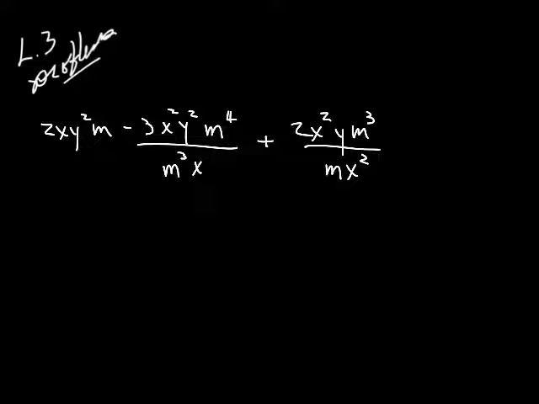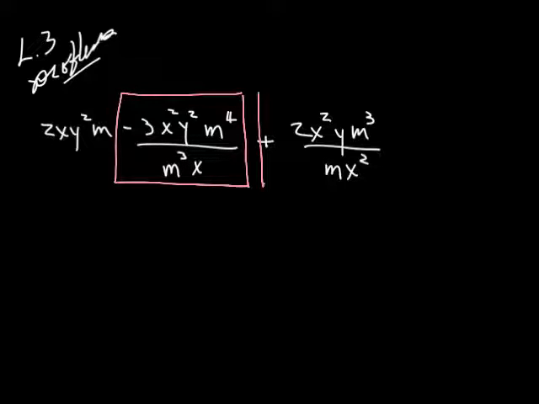Alright, notice these are not like terms, because this has an mx and this does, but this has an m of 1, this has an m of 3, this has an x of 1, that has an x of 2, so you cannot combine those. But what we can do is we can look within each of the terms and see if we can reduce anything.